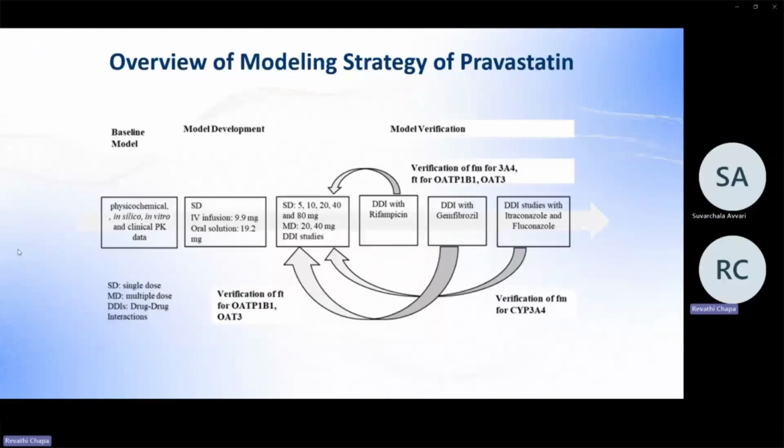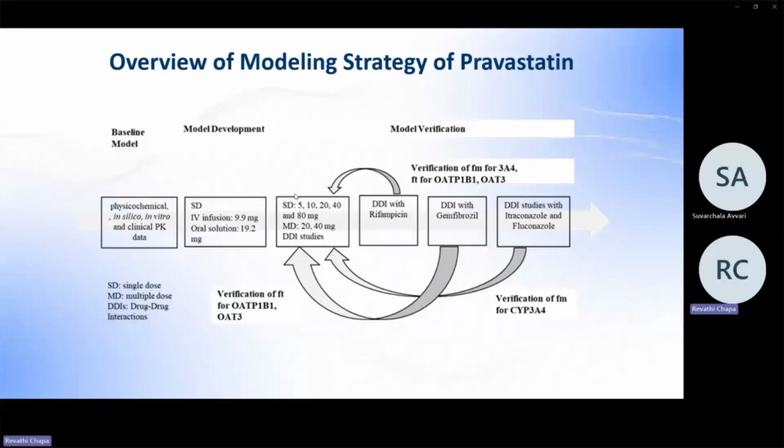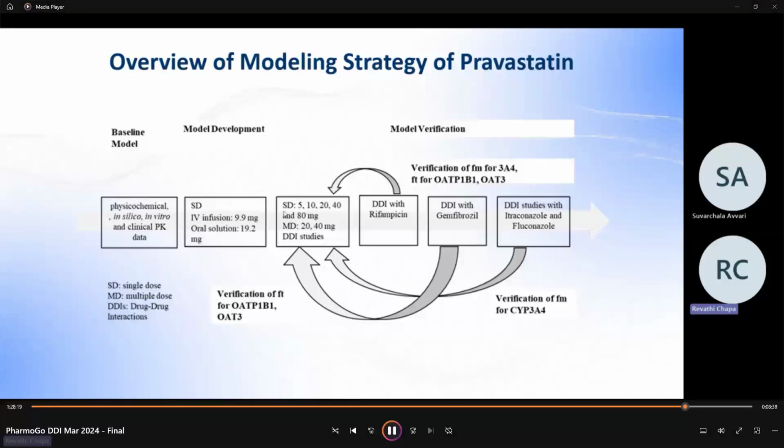So again, this is the modeling strategy we employed. It involves the construction of a baseline model based on physicochemical, in silico, in vitro, and clinical data. The model was initially developed for IV infusion and oral solution, and once we had confidence that the PK data was in accordance with the observed data, we tried other doses ranging from 5 to 80 milligram, which is the entire dose range of pravastatin, and also multiple doses and DDI studies.